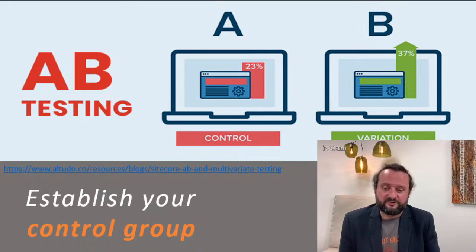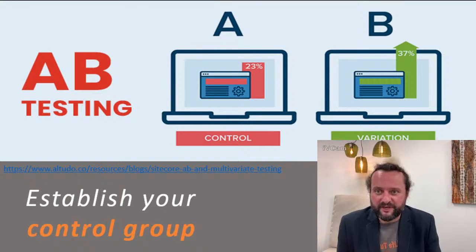And if that's your first test, then you take the one that works better, and that's your baseline for your next test. Always work with a control group so you can measure the improvement that each and every change is making.